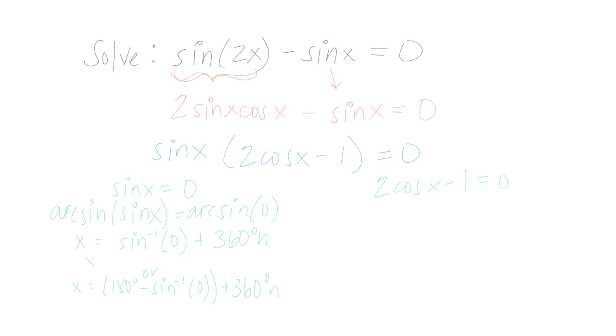Let's see. x equals the sine inverse of 0, that's the y coordinate of 0, that's going to happen at 0. So I get 0 plus 360 degrees n, which is just 360 degrees n. Okay, then when I do 180 minus 0, I'm going to get 180. So my other expression here is 180 plus 360 degrees n.